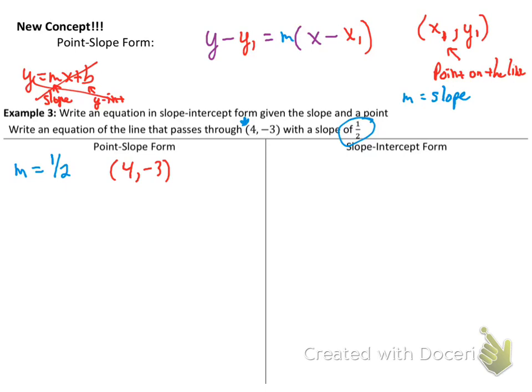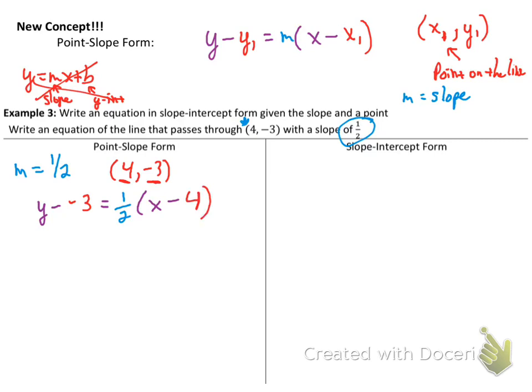If I want to use point-slope form, I'm going to take y minus the y coordinate of the point, which is -3. So y minus -3 equals my slope, which is 1/2, times the quantity x minus the x coordinate of the point, which was 4.